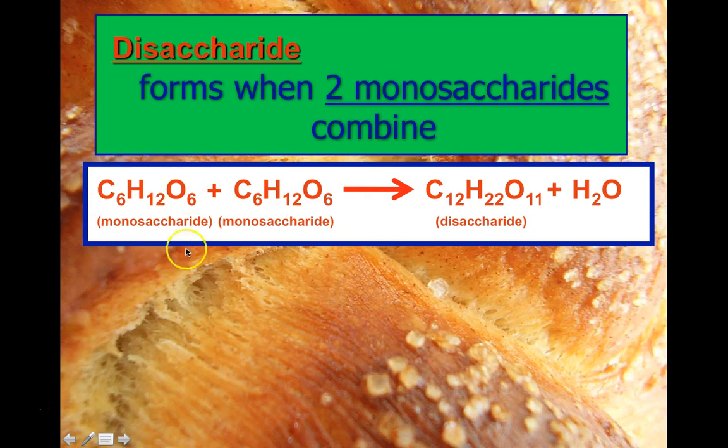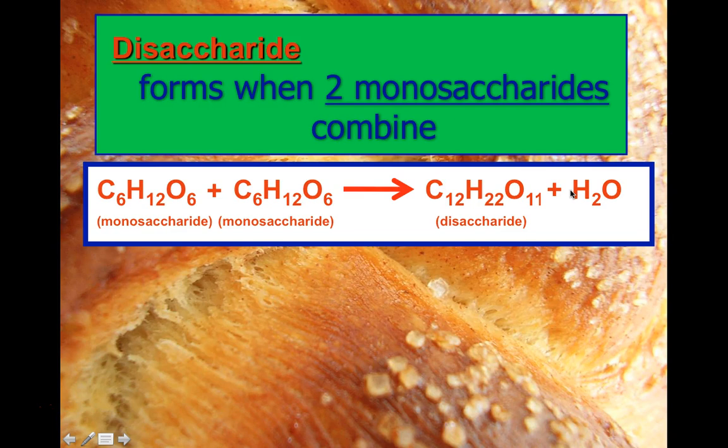So we have one monomer, but because they're carbohydrates, we're going to call them monosaccharides, plus one monosaccharide will yield, remember this yield sign means that there's a chemical reaction going on, one disaccharide. Now, if you notice over here, we are also saying that it's forming water.